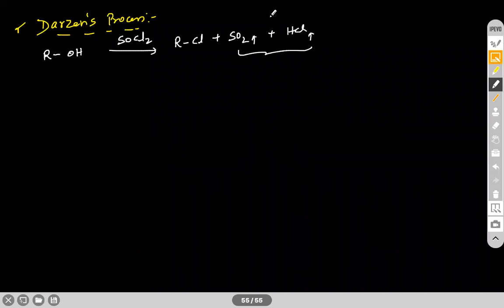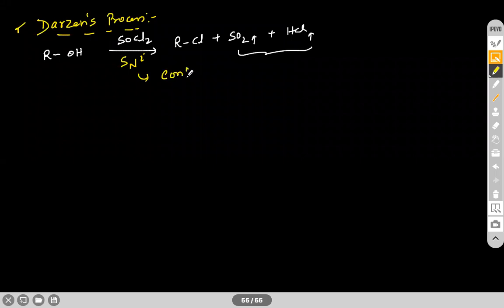Now you know the mechanism of this reaction. What type of mechanism is this? Is it SN1? It is SNi, nucleophilic substitution intramolecular reaction. And in this, the configuration does not change.